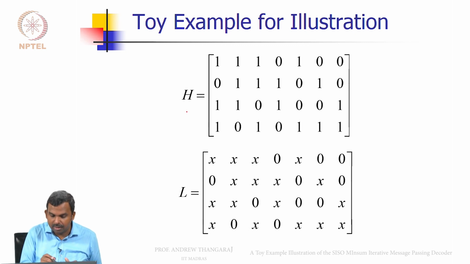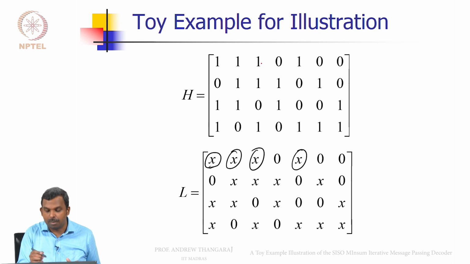My parity check matrix had ones in the first row: 1 1 0 1 0 1 1 1 1, like that. So, my storage matrix L will have possible non-zero values wherever there is a 1 in the parity check matrix. If there is a 0 in the parity check matrix, this L will also be 0. Keep that in mind, this is very important.